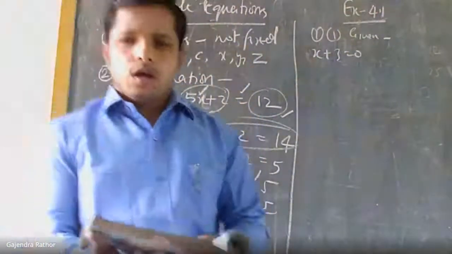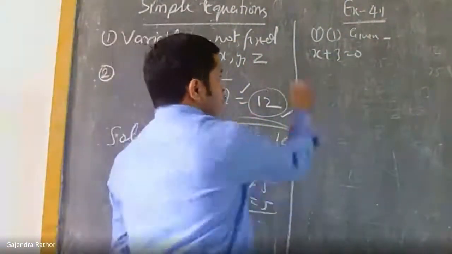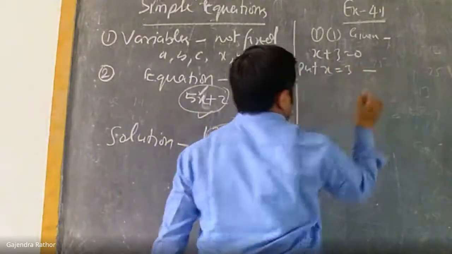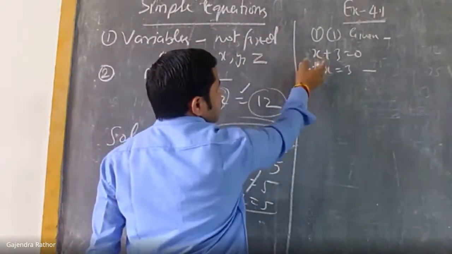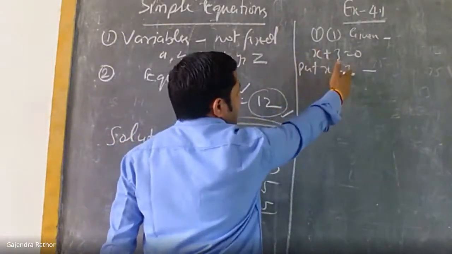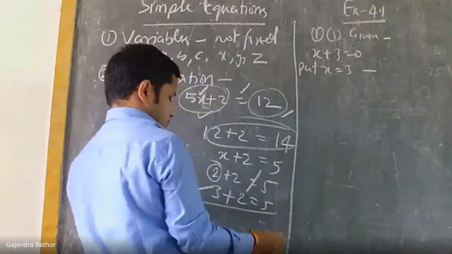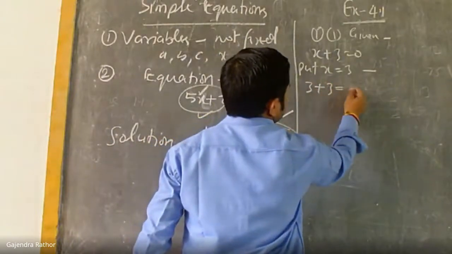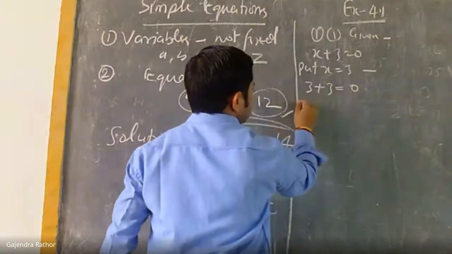Okay. The value is given, x is equal to 3. So we will write, put x is equal to 3. In this equation we will replace x by the given value 3. So 3 plus 3 is equal to 0.